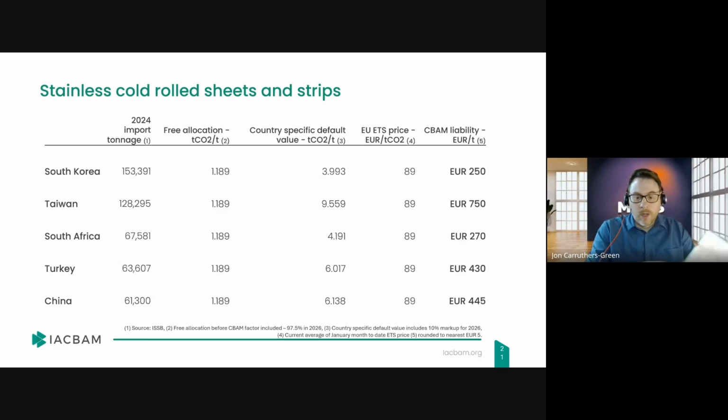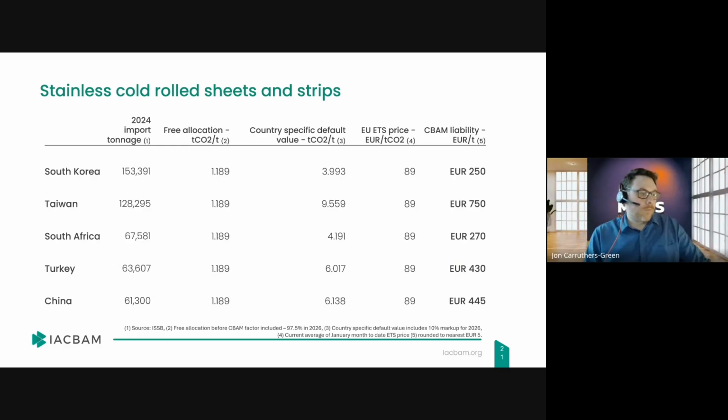So those are just some of the examples, and I think it highlights some of the differences that CBAM pricing is going to cause for the market. Our team of experts have gone through the whole range of products, so if anybody is interested in any of the other categories that may be affected, or wants to look into these in more detail, please do reach out to me after the presentation.